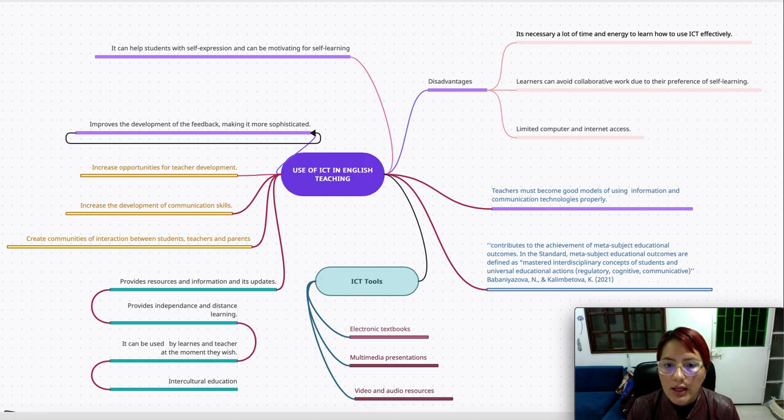It means that information and communication technologies can help students develop these concepts, mostly cognitive and communicative. So it's very important to use these technologies, but in an appropriate way.